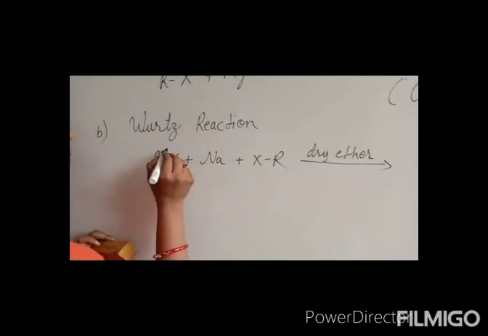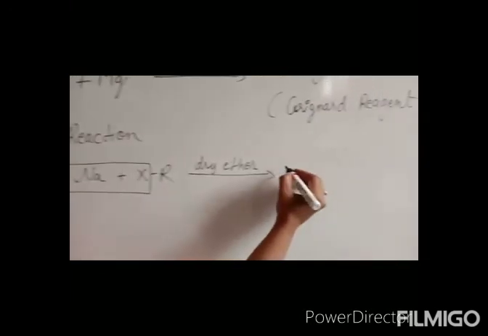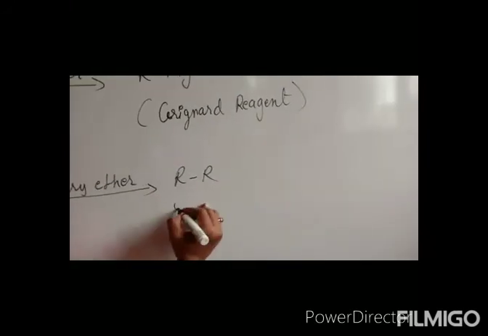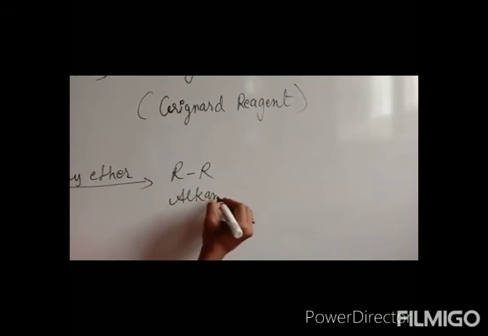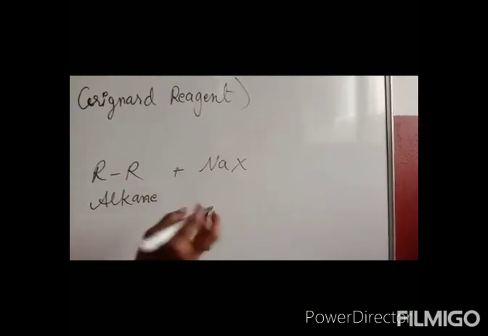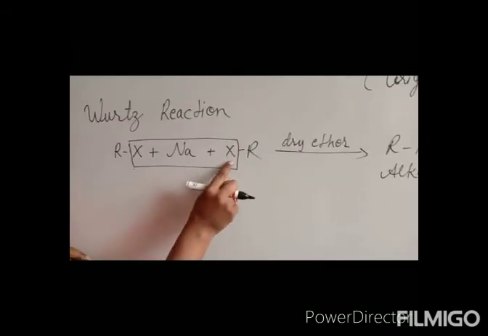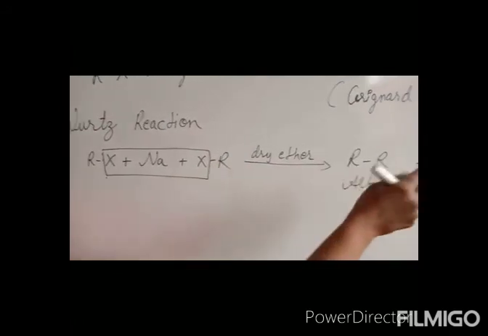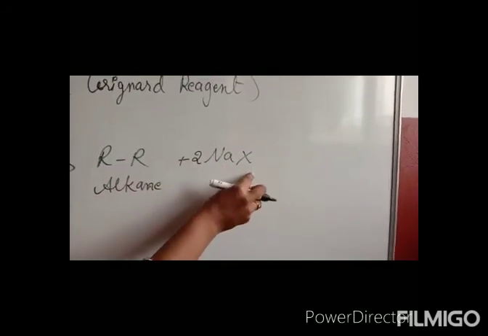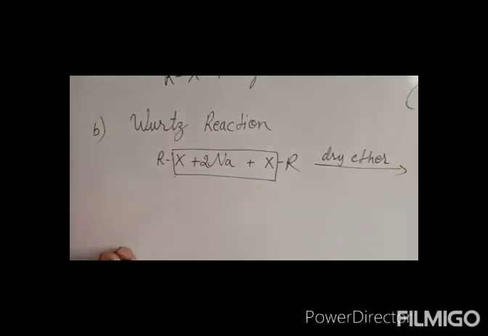Here this one combines and we have our major product, that is R-R, that is alkane, along with NaX. In the reactant part we have 2X, so I need to balance it by writing twice NaX. Sodium becomes twice, so I have twice of sodium here.